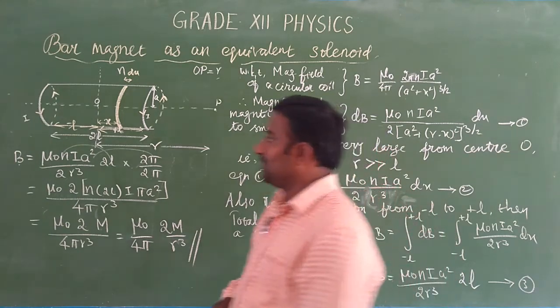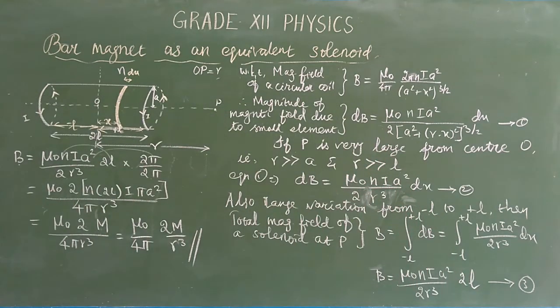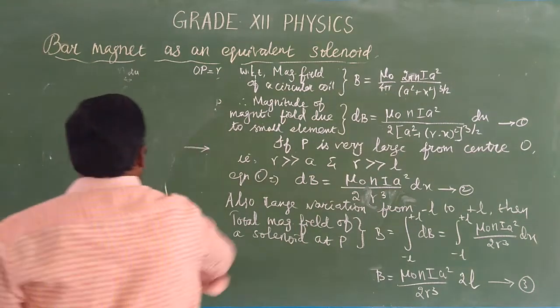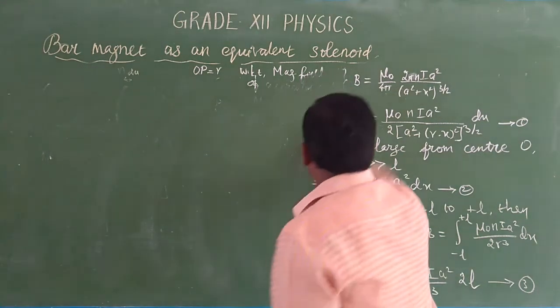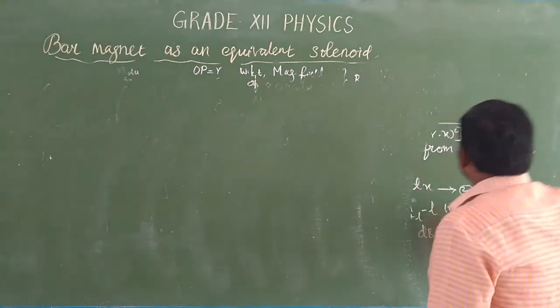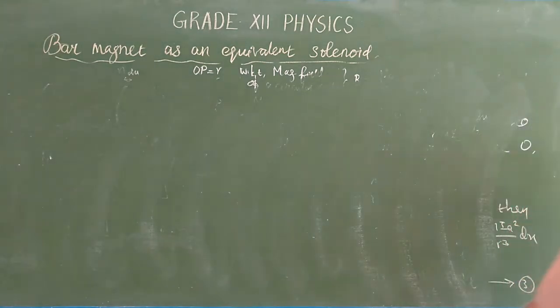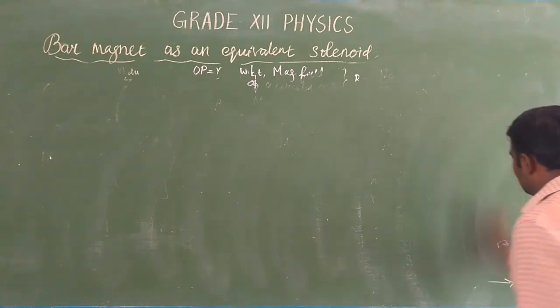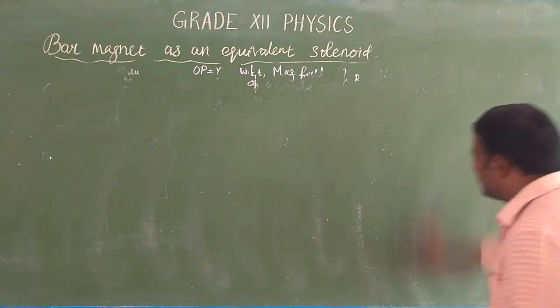Okay, next we are going to discuss the torque on a bar magnet in a magnetic field. The second topic is torque on a bar magnet in a magnetic field.